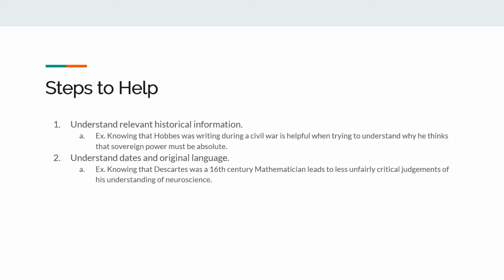And so it's important to understand the historical relevance of the time period and perhaps even factual information about the author, which goes into the second step, which is understanding dates and original language. So, for instance, if we were to read Descartes in his native French, it might be a little bit different, especially considering it's 16th century French, than if we were to read it today in the 21st century in English.